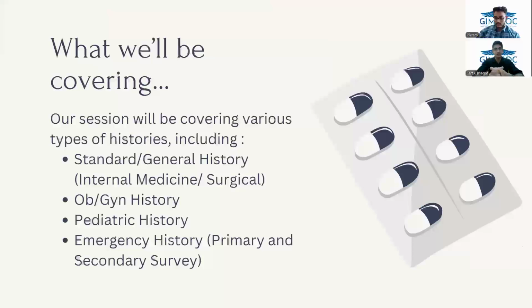There's a very famous saying in pediatrics that children are not tiny adults. They are their own entity and they have their own physiology, their own way of functioning, their own mentality, and that's why you need to have a separate history for them. An emergency history is also very important, and again, this is a completely separate entity. So these are the four types of histories we're going to be covering. Hopefully, you get a very good idea of them.